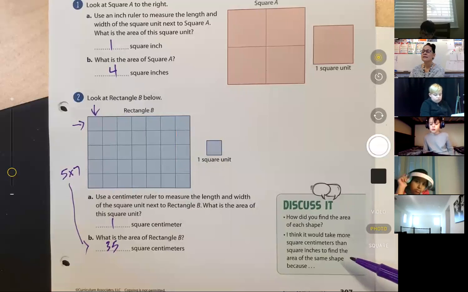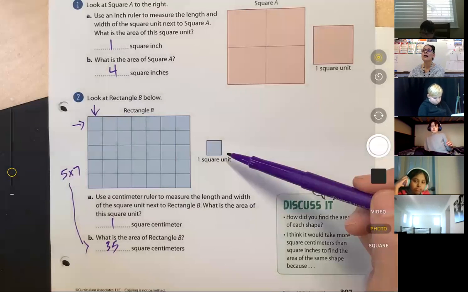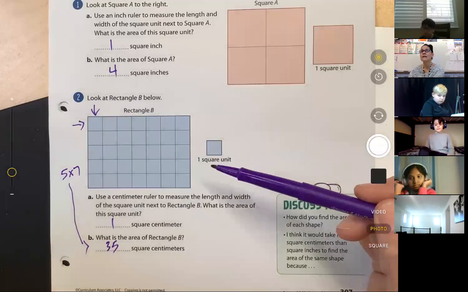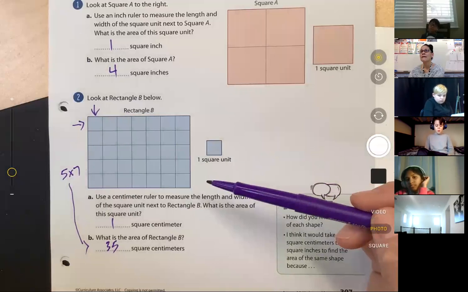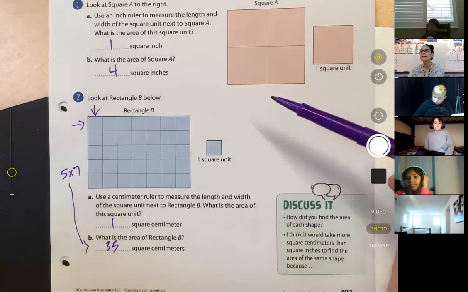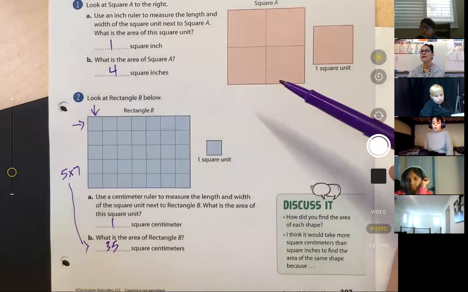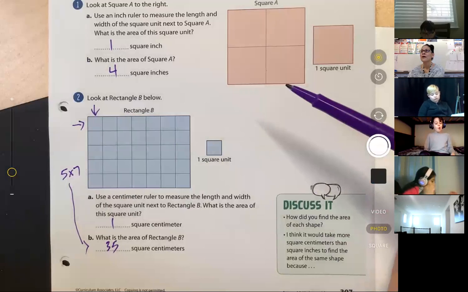So you can very easily see here that centimeters are smaller. Is it going to take more time to count centimeters than inches? Of course, because centimeters are so much smaller. All right.